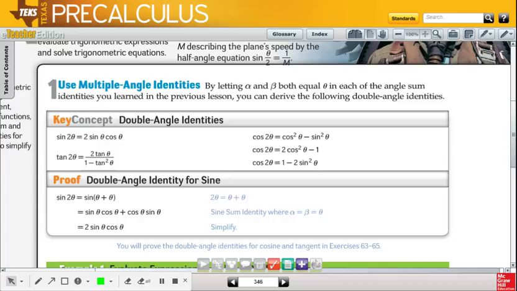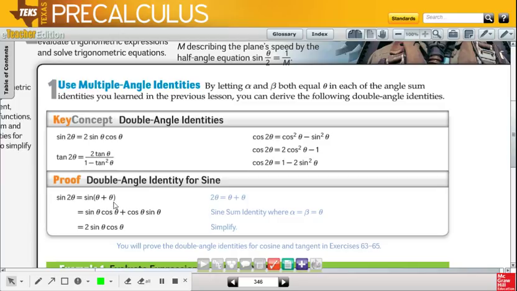Now below the identities, the proof, so it's proving the double angle identity for sine, meaning how it works and how it came to be the identity for sine 2 theta. So below, sine 2 theta is equal to sine of theta plus theta.